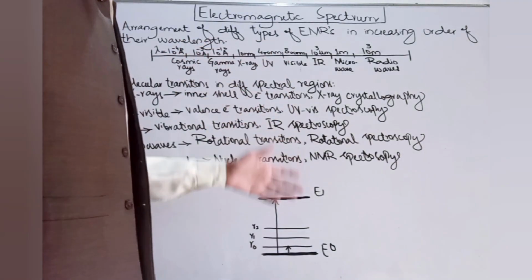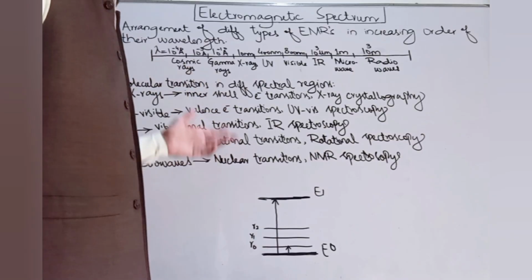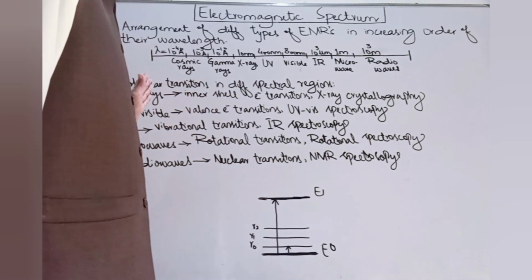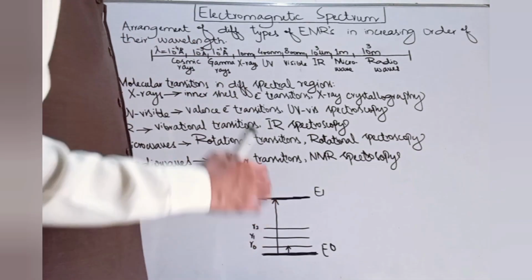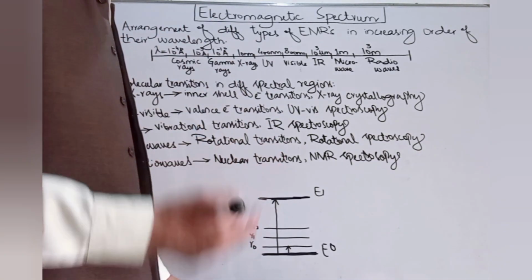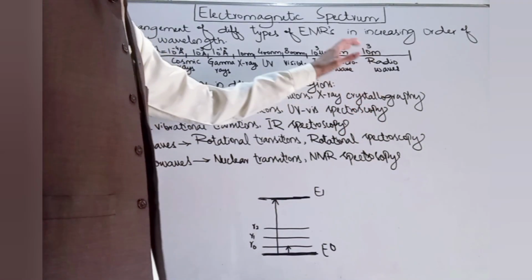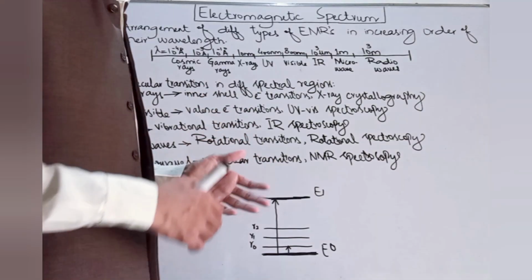In some books it is written that the electromagnetic spectrum is the arrangement in decreasing order of energy, because the radiations at the start have the shortest wavelength, so they have the greatest energy. As we move toward the end of the spectrum, the radiations have the highest wavelength and their energy is lowest.